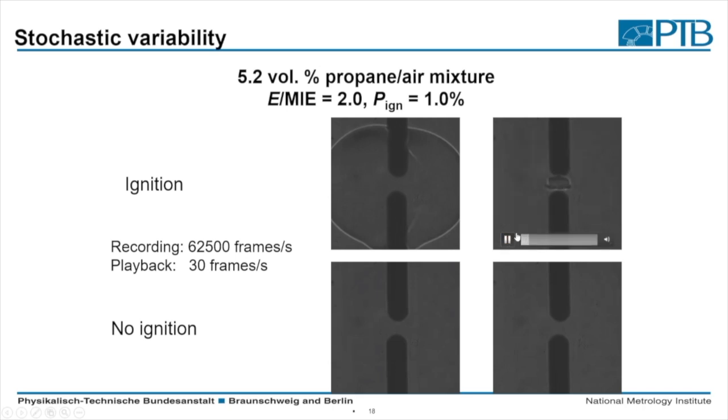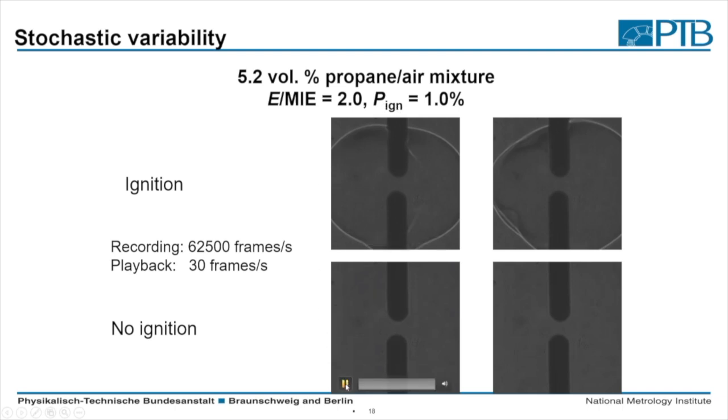Again, you see an initial vortex formation, and then the ignition starts more on the right side, and then it moves with different initial velocities on the left and the right side into the system. And here we have an ignition probability of only 1%, of course.